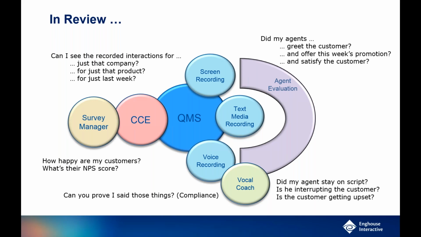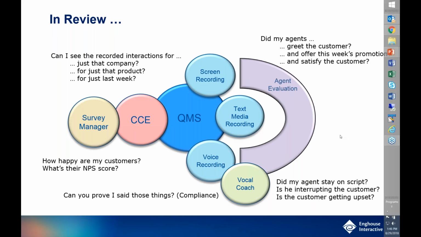In some cases, you might want to find your best agents and use samples of their interactions to coach less experienced agents. You can do that with these kinds of tools. In some cases, you want to do random samplings so that you can get a feel for how things are going. And in some cases, you want to zero in on exactly the interactions that you want to pay attention to and alert yourself to problems as they occur.